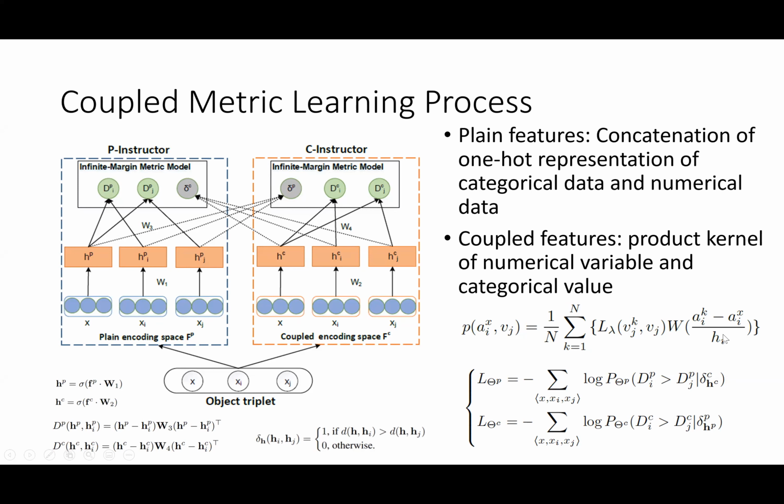And then for numerical, you can have some kernel to convert it and compare the two value relation, and then we combine them together to measure the relationship based on the numerical and categorical features. So that's what is done for the coupled encoding space for different objects. For any object, we can calculate in that way.